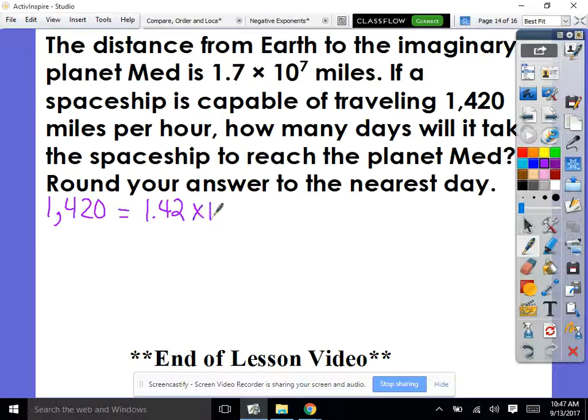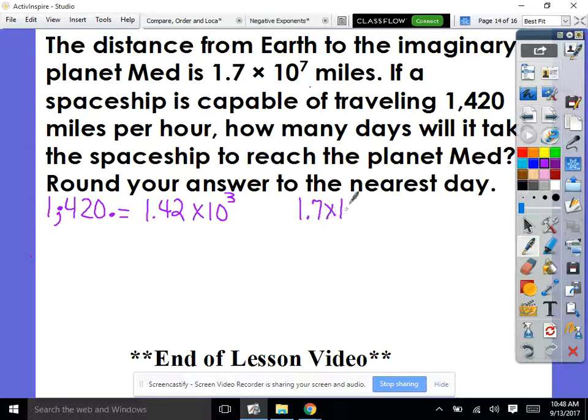Step two, times 10, and then we've moved that decimal from here to here, which means we've moved it 3 places, and our original problem was greater than 1, so we leave that as positive. So this is how many miles per hour we can travel, and this is how many miles we have to travel. So we're going to do this as a division problem.